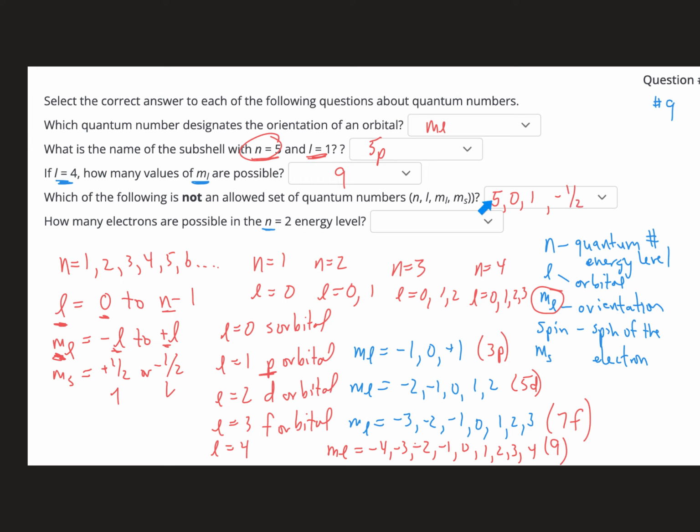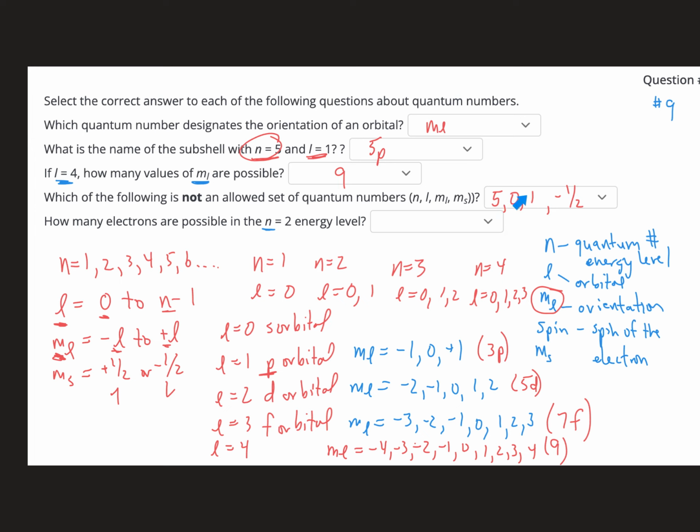So 5 is fine, right? That's N. We list them in that order: N, L, ML, and then our spin state. So sure, we can have the fifth energy level. We can have the fifth quantum level. That exists. The next level, L, tells us our orbital. We have an s orbital. That's true. At 5s, we have an orbital there.